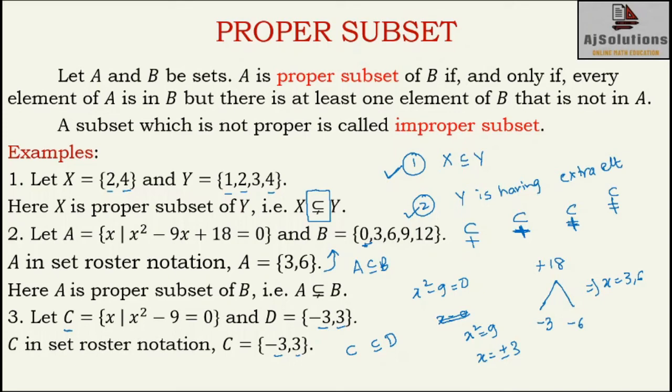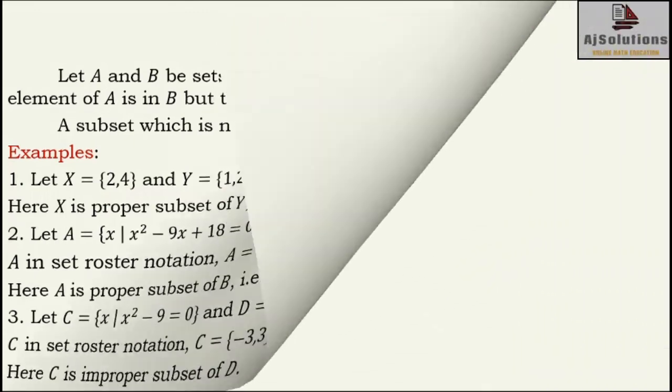If we have an extra element, then it's a proper subset. If we don't have that extra element, then it's an improper subset. And if I say clearly over here, C is equal to D, which I'll tell you in a further slide. So here C is an improper subset of D.